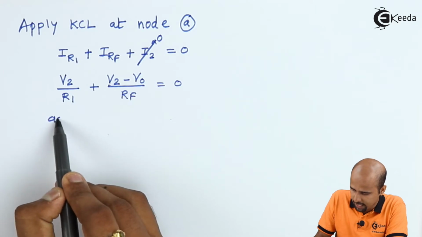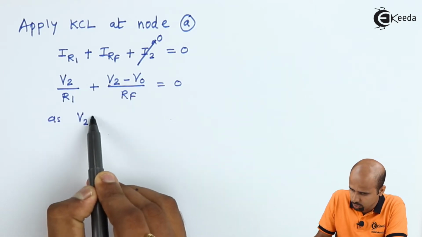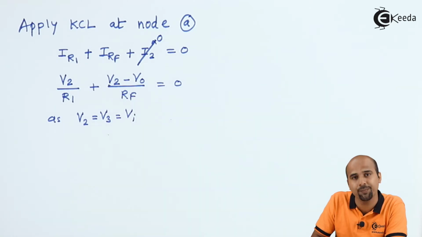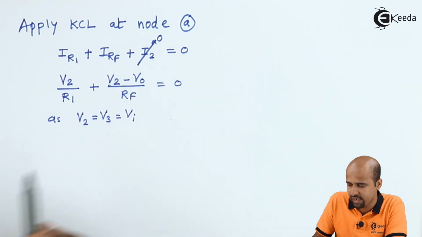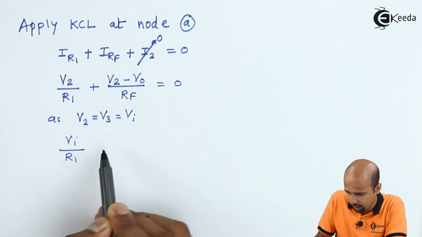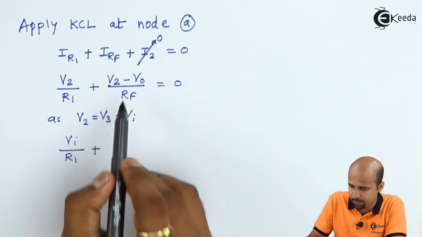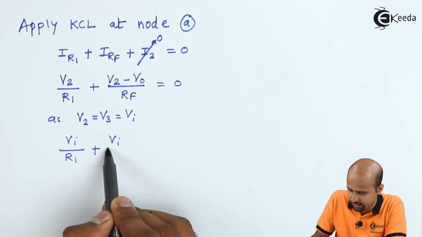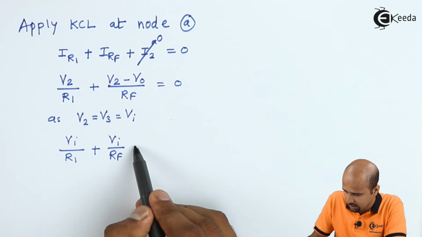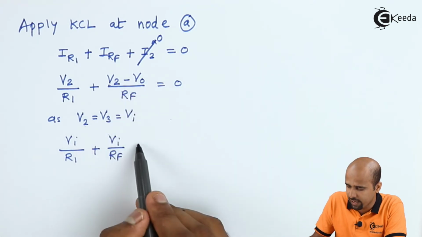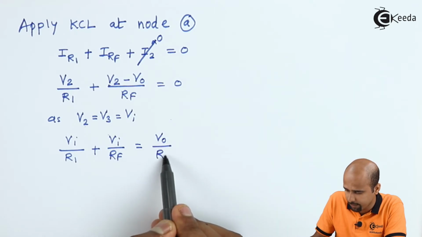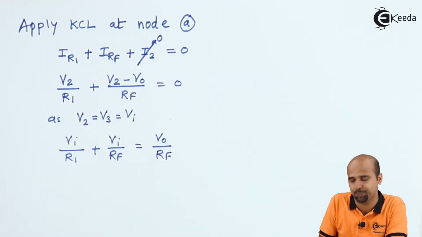Now I know that V2 is equal to V3 is equal to Vi. We will put the value of Vi instead of V2. We will get Vi divided by R1 plus, separating this, Vi divided by RF, and minus VO divided by RF we will take on the right hand side, VO divided by RF.